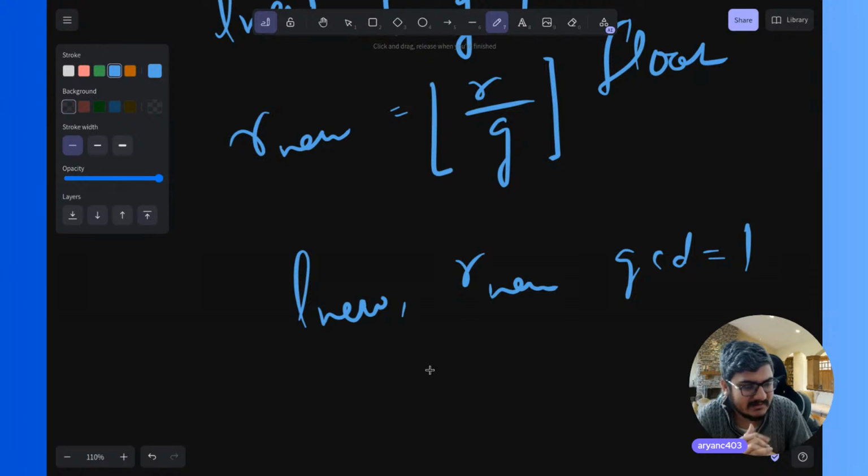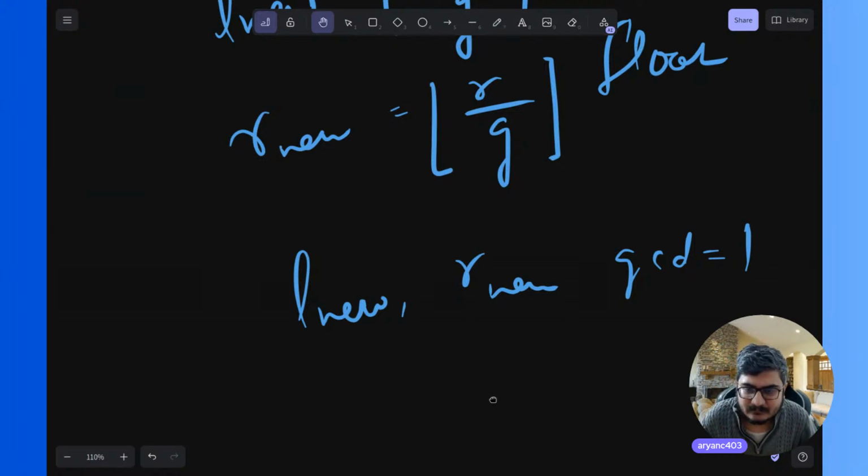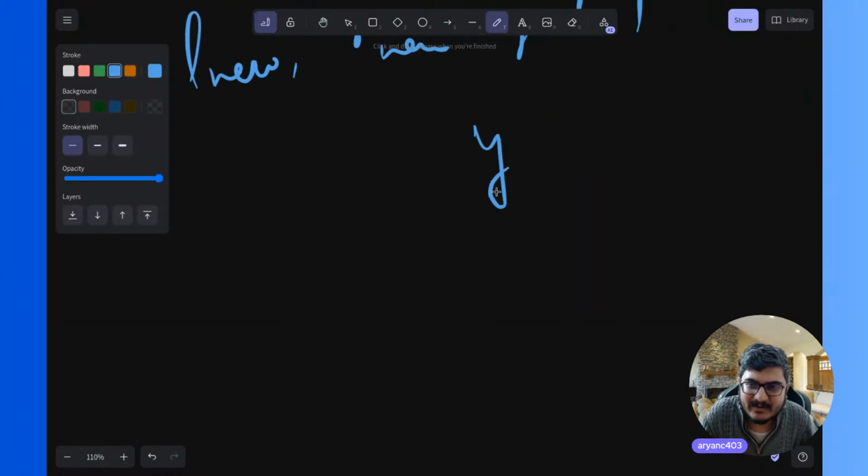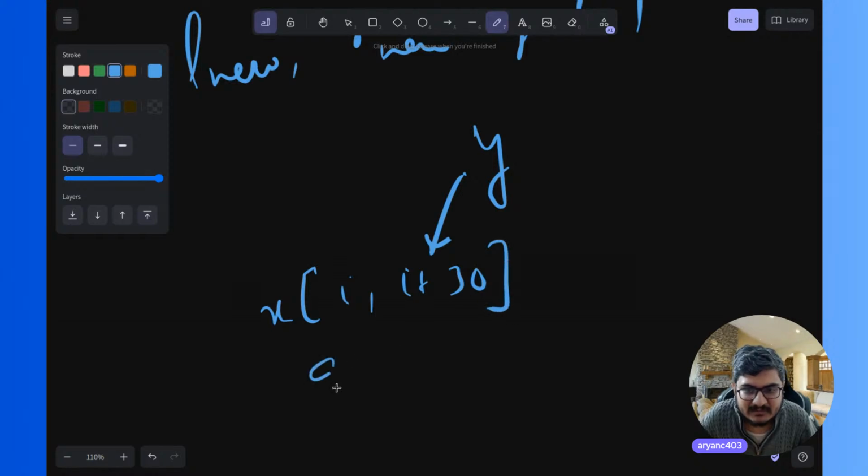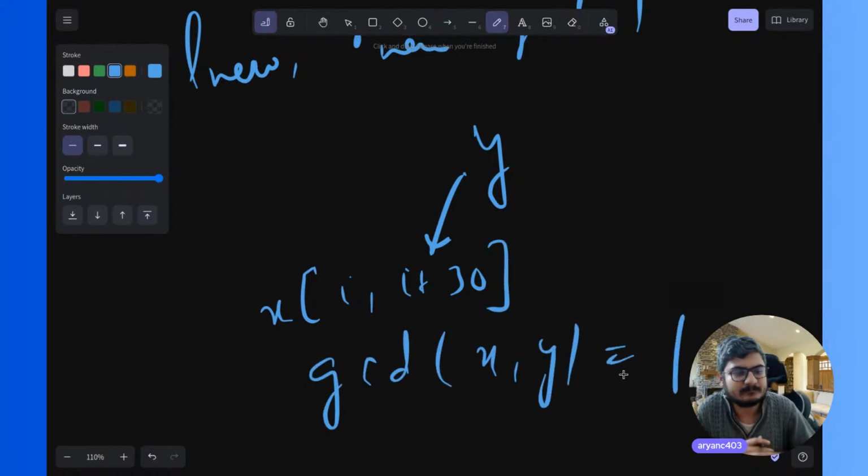What I am saying is, for every number y, there is a number x between i and i plus 30, for whatever i you have, such that GCD of x comma y would be 1. And what I have actually seen is that instead of 30, it's 60. But probably I can look at the LCM of the first 30 numbers.